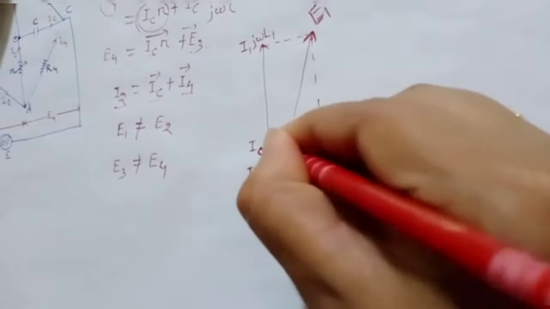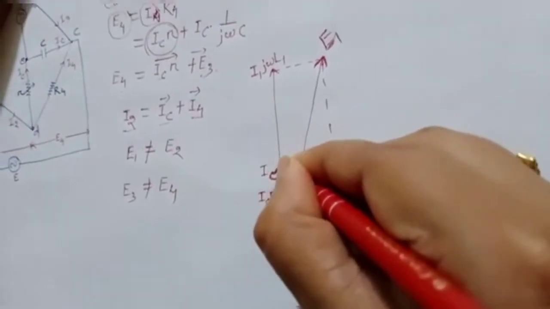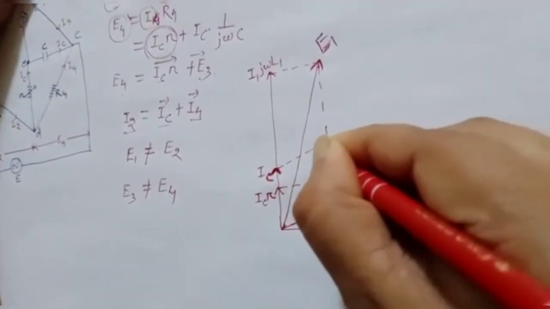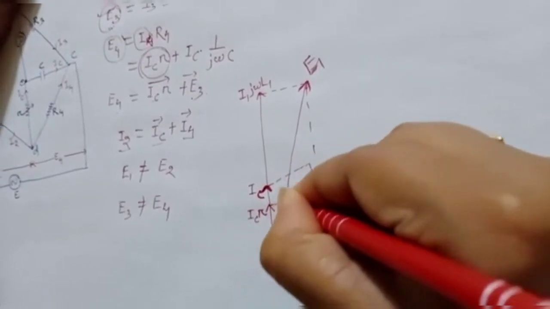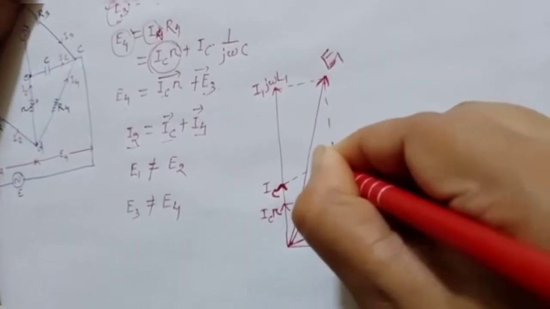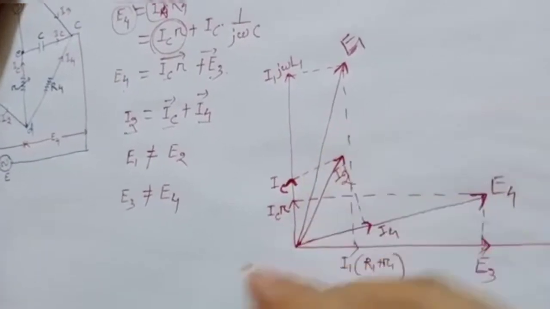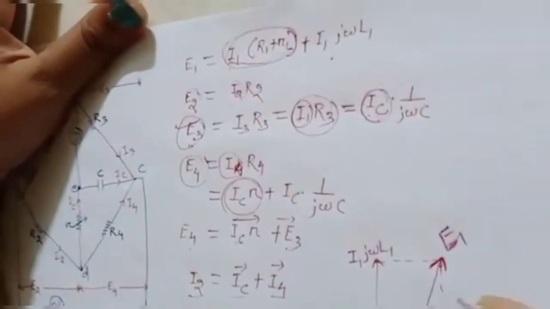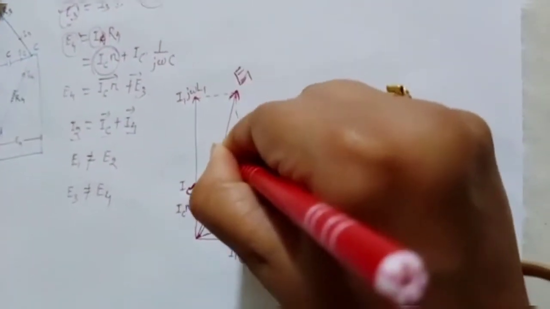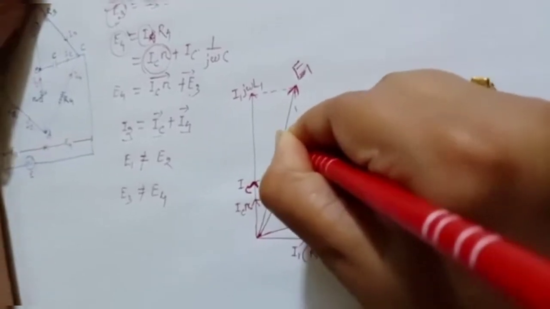This is I2, and E2 is equal to I2 into R2, so E2 and I2 are both in the same phase. So now here is E2, in the same phase with I2.